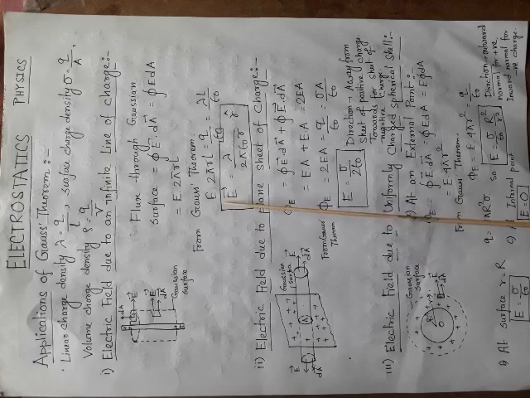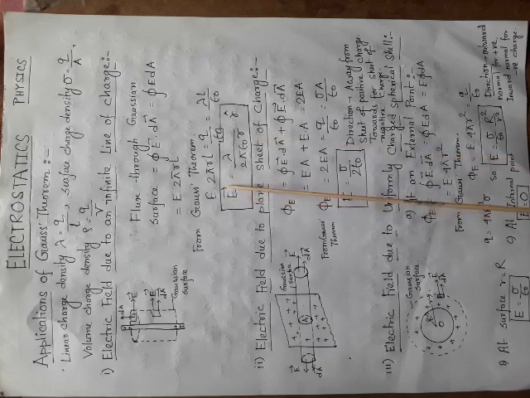From this expression, E is equal to lambda divided by 2 pi epsilon naught R, where R is the radius, and the direction of the electric field vector is radially outward. So, we can represent it by R cap. This is the first application.